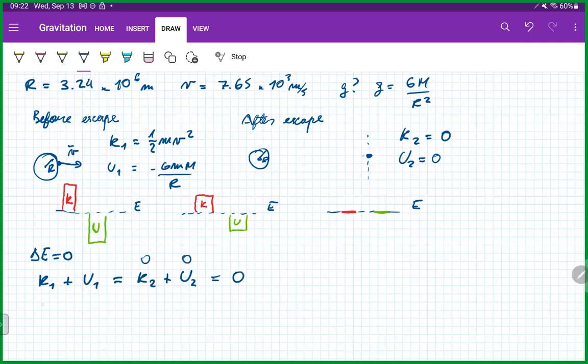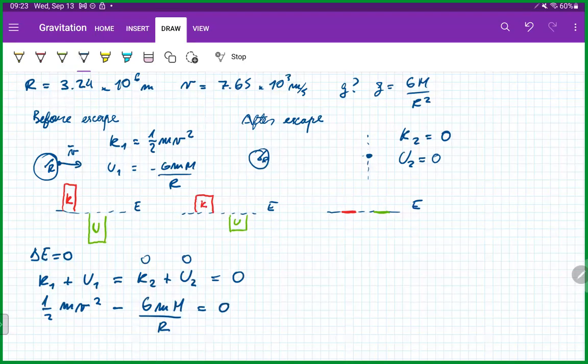K1 is 1/2 mv squared, and U1 is minus G m big M over R, and that's equal to 0.